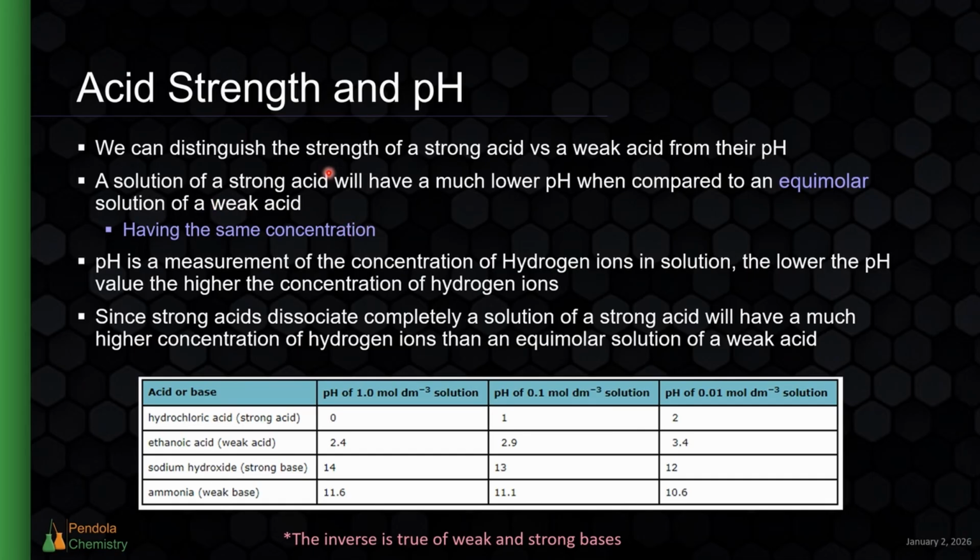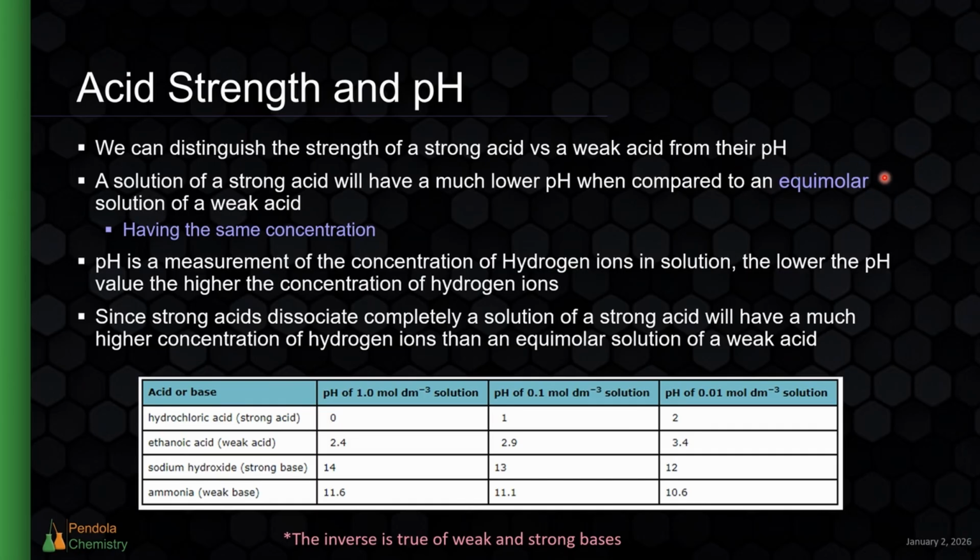So let me rephrase that. Strong acids will have a much lower pH than weak acids when we're comparing equimolar solutions.